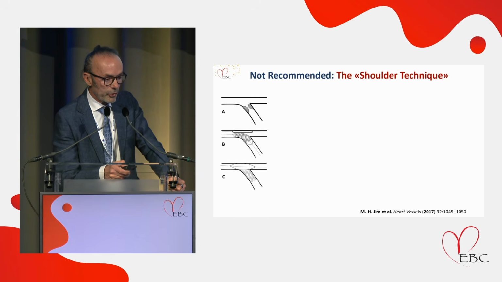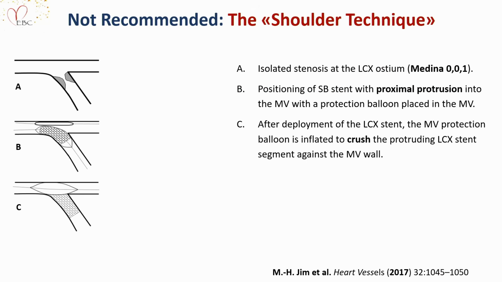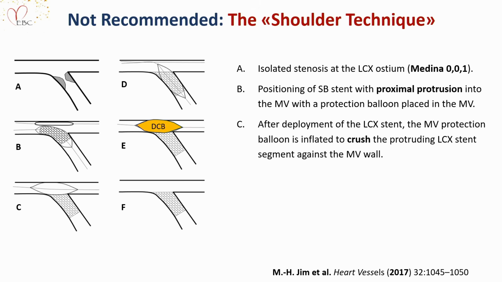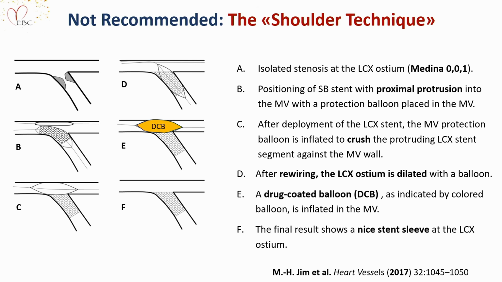Not recommended: the shoulder technique, which is for ostial isolated Medina 001, you crush. You crush without putting a second stent. In C, you crush. Then you recross, and then you do a drug coating balloon in the main vessel. And in F, you see the final result shows a nice stent sleeve.